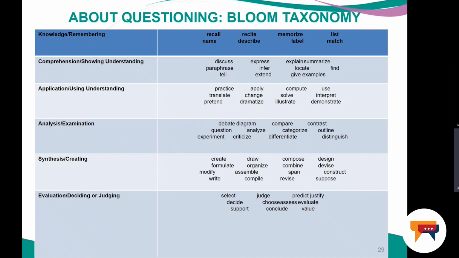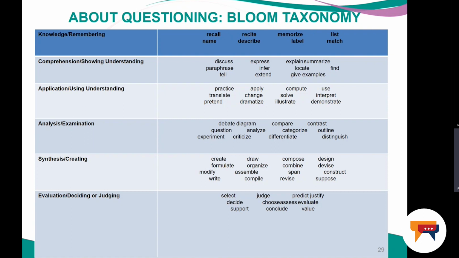Let me just come to this. Your module is a level 7 module, and when we develop assessments, we use Bloom's taxonomy. There are different levels: knowledge, comprehension, application, analysis, synthesis. With comprehension, you show understanding.